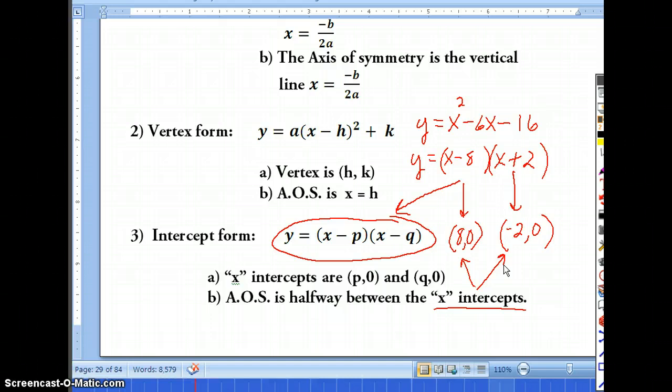And that would be the x value. In this example, x would equal 3. 3 is halfway between negative 2 and 8. And then we would put 3 into the equation right up here and find the y value for the vertex.